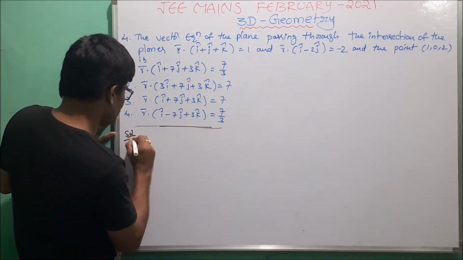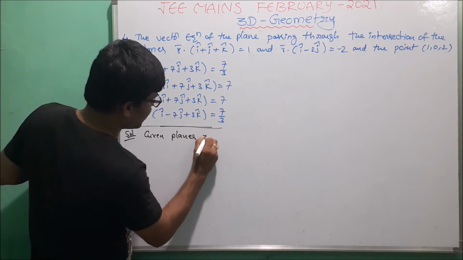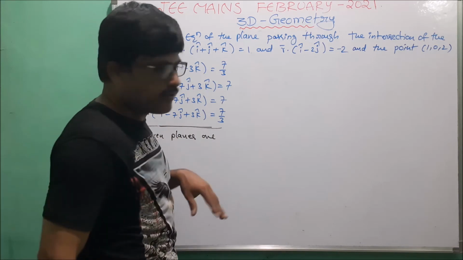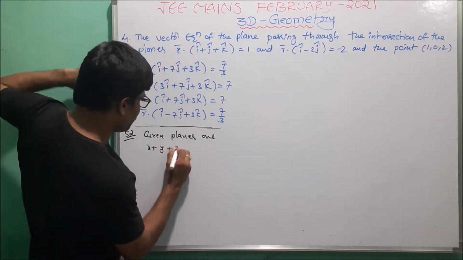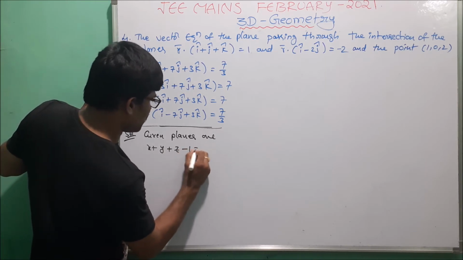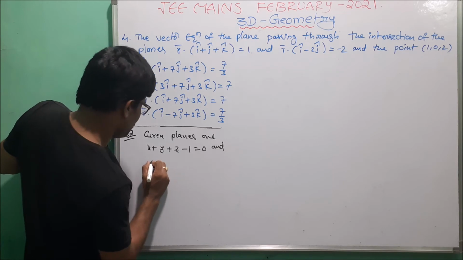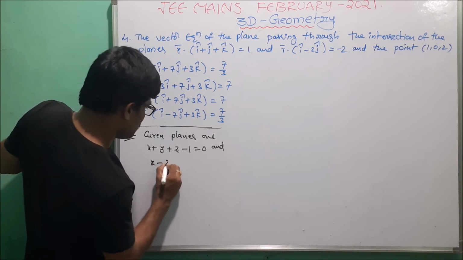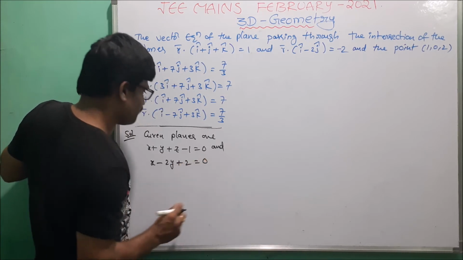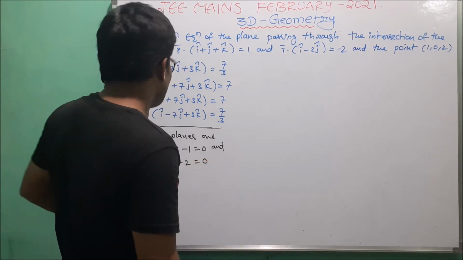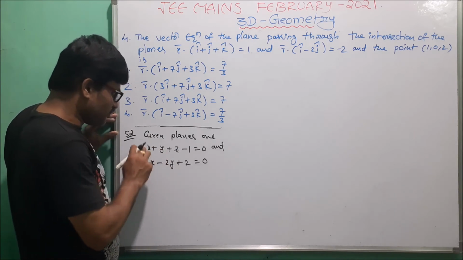So solution. The given planes are, directly taking the coordinate system, x plus y plus z minus 1 equal to 0, and the second one x minus 2y plus 2 equal to 0. Now to find the equation of the plane passing through these two.